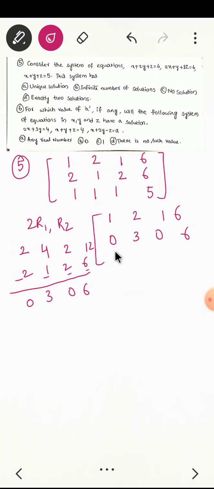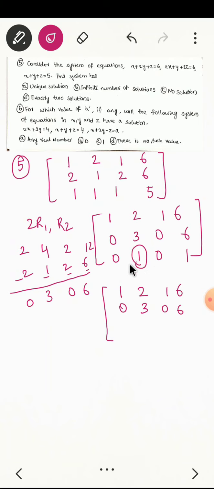I am getting this. Now I can do 1 minus 1 is 0, 2 minus 1 is 1, 1 minus 1 is 0, 6 minus 5 is 1. Now what you have to do? 1 2 1 6, 0 3 0 6. Here by using this I have to make this value 0.